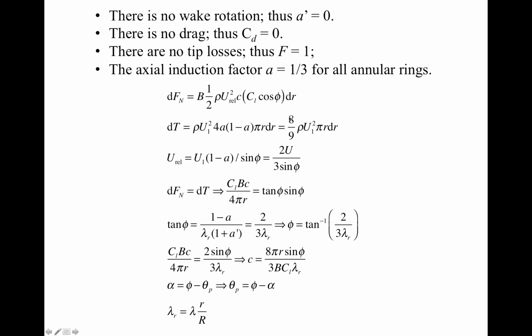In blade element momentum theory, we equate the normal force with the thrust force. Considering the expression for the relative wind, and bringing A equals 1/3 into it, we obtain this particular equality.